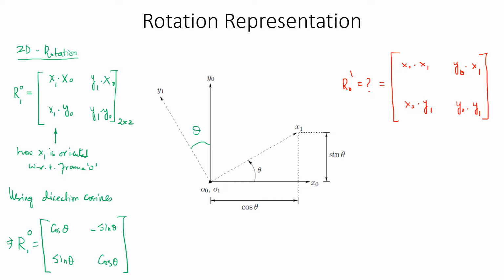Now, since you know that the scalar product or dot product is commutative, I can rewrite this matrix to be like this: you have now x1 dot x0 and over here y1 dot x0, and over here you have x1 dot y0, and this is going to be y1 dot y0.